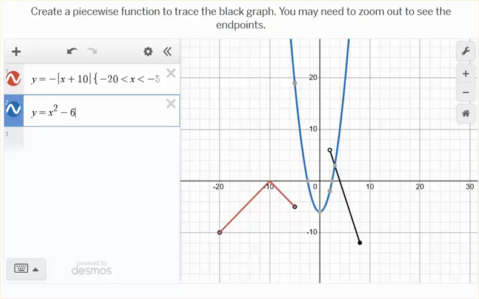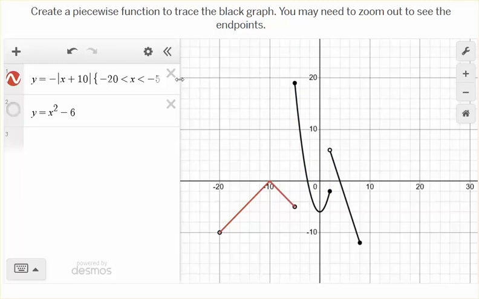Now we have to set our domain again. One thing you can do to see the original is hide my graph for a minute. And I can tell then that I started at x equals -5. And I went all the way to x equals 2. And those points are filled in.